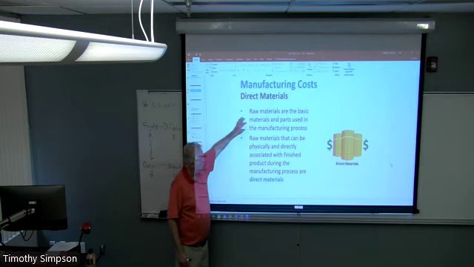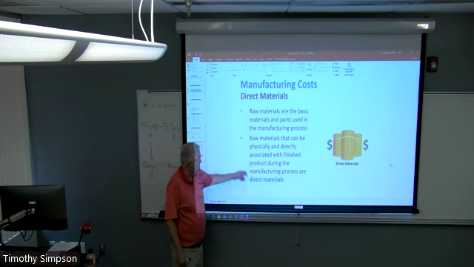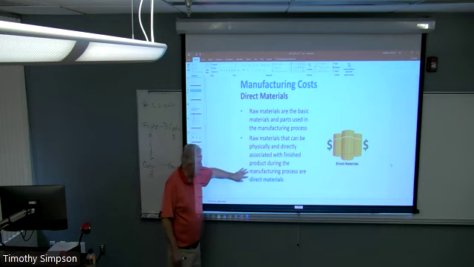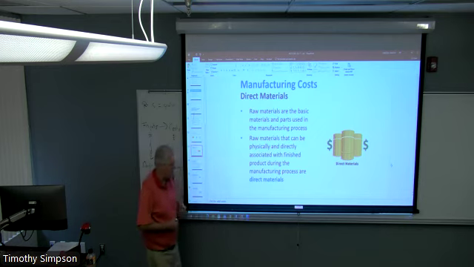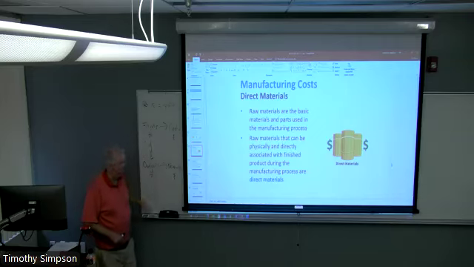So raw materials are basically just the basic physical quantities of things that go into making the product. And they can be physically and directly associated with the cost itself. In other words, we absorb those costs. This process of bringing inputs into the production process to create outputs is what we call absorption, and the method that we capture the cost is called absorption costing.